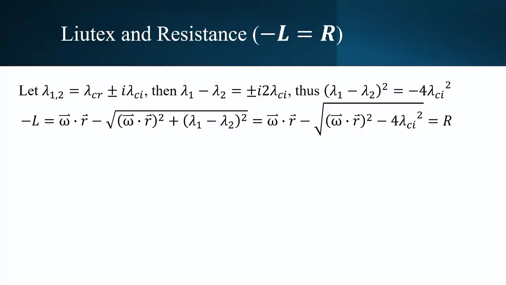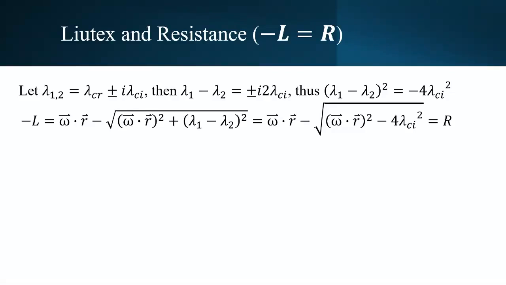Lambda 1 minus lambda 2 is actually plus or minus i 2 lambda ci. We square it and get negative 4 lambda ci squared. This is the formula for negative resistance. And if we plug in lambda 1 minus lambda 2 squared as negative 4 lambda ci squared, we get the formula for the Lutx magnitude.